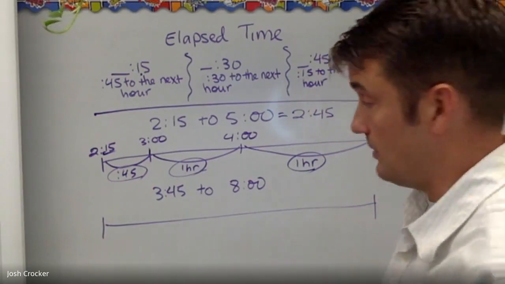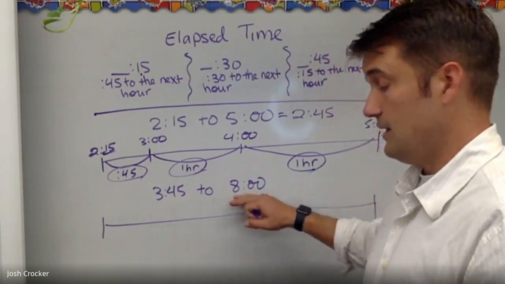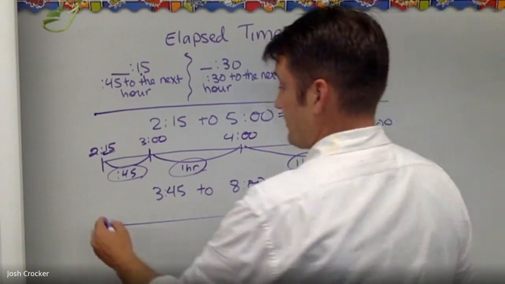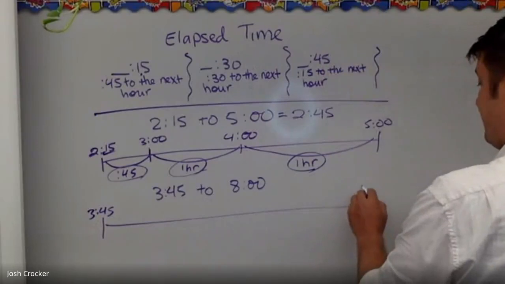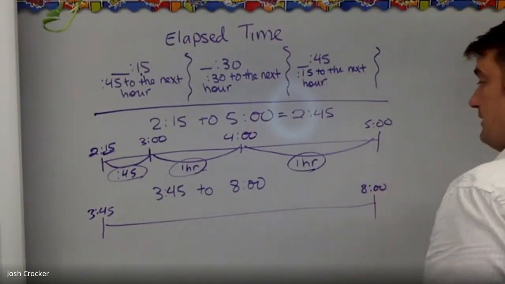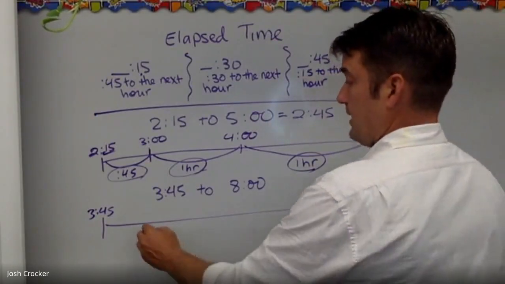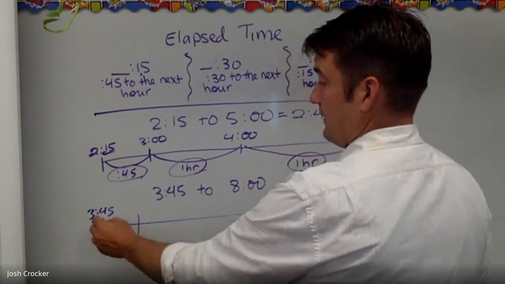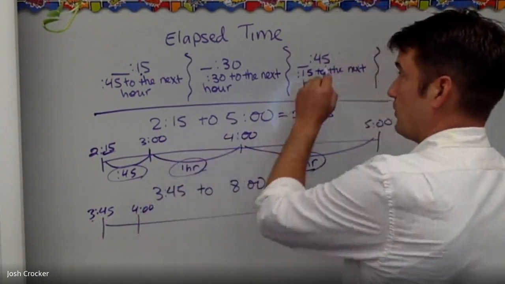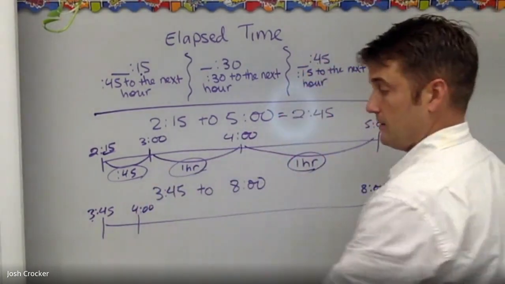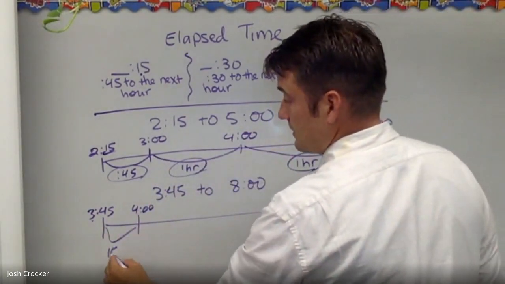Let's do another one. So 3:45 to 8 o'clock. I'm starting at 3:45. I'm finishing at 8 o'clock. So I know that after 3, 4 is the next hour, and from 45 to the next hour, it's only 15 minutes.